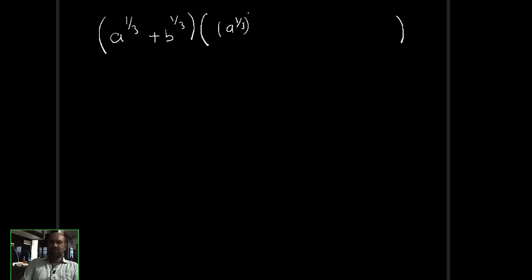Okay. So the final conclusion: a^(1/3) given plus b^(1/3) given. What is the RF of this? Now just after completion of that explanation, you people can say that (a^(1/3))² − a^(1/3)·b^(1/3) + (b^(1/3))² is the RF, because the product becomes a + b only.